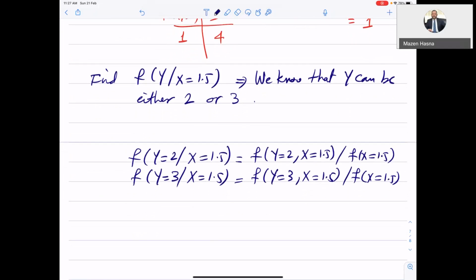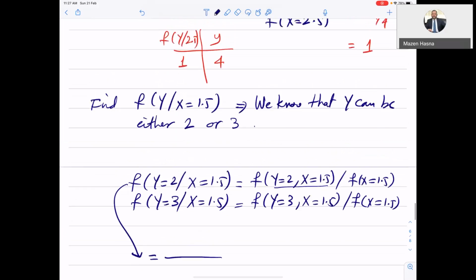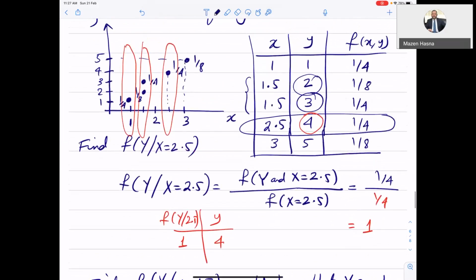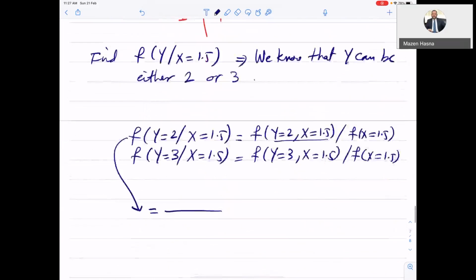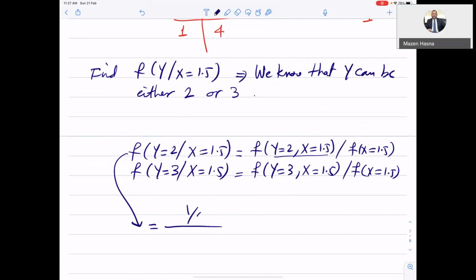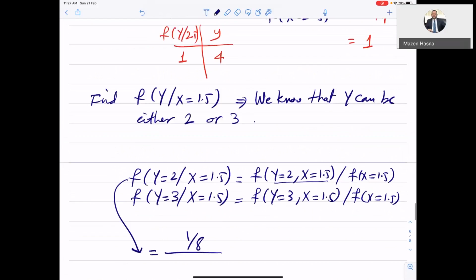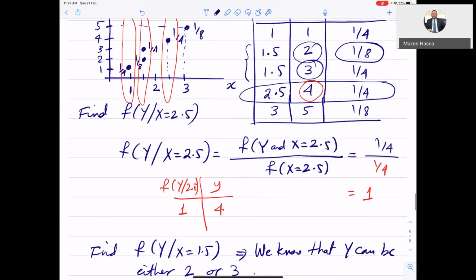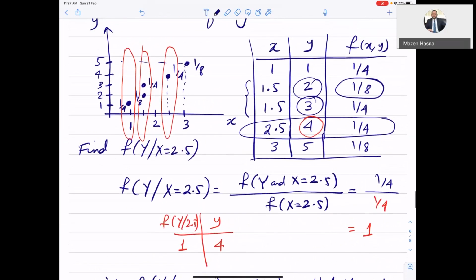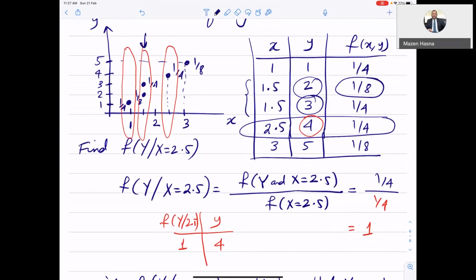For the first one, what's f of y equals 2 and x equals 1.5? This is 1 over 8 divided by f of x equals 1.5. What's f of x equals 1.5? It's 1 over 4 plus 1 over 8, which is 5 over 8.